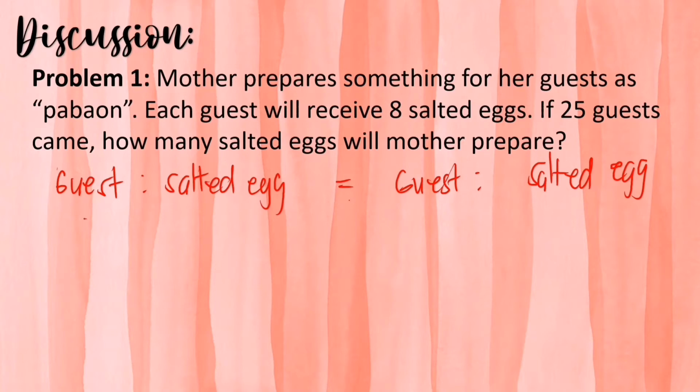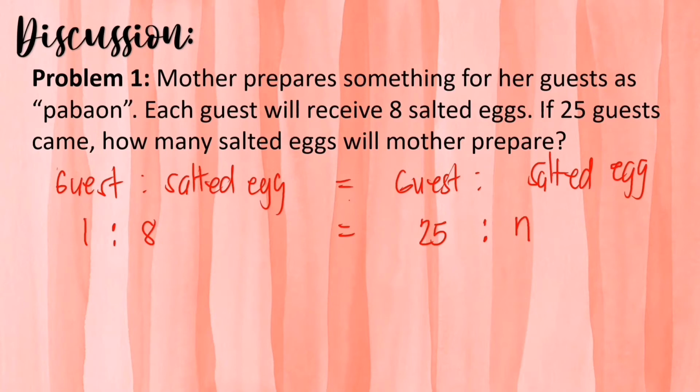That is 1 is to 8 equals guests, which is 25. Dun sa second ratio natin, 25 guests is to how many salted eggs? That is unknown. Ibig sabihin, yun yung aalamin natin. Ilan bang salted eggs ang ihahanda ni mother para sa 25 na bisita. So that is unknown. So we will use n.